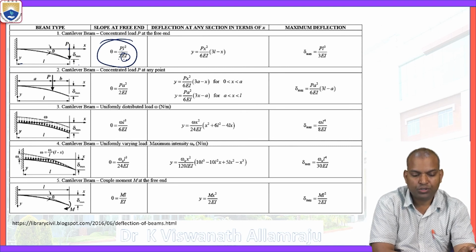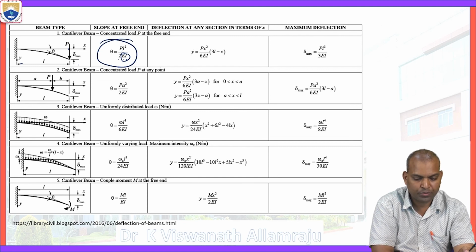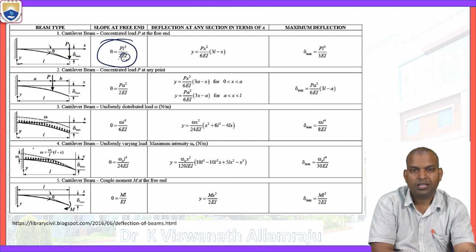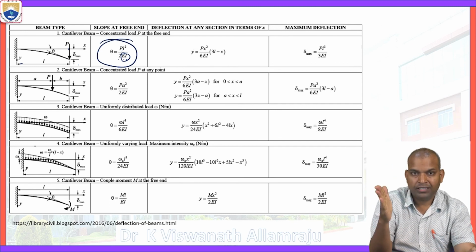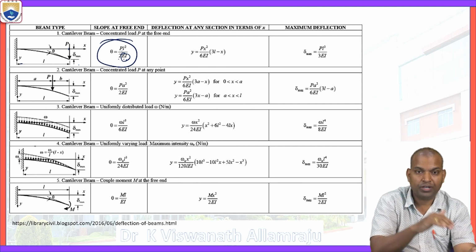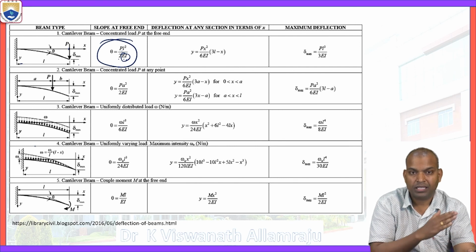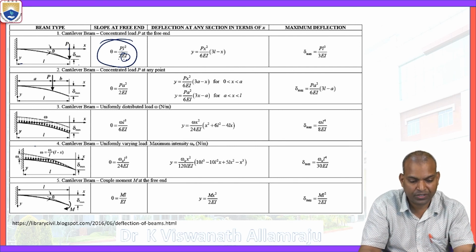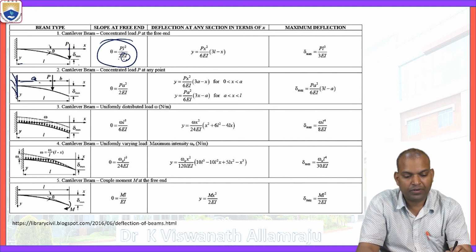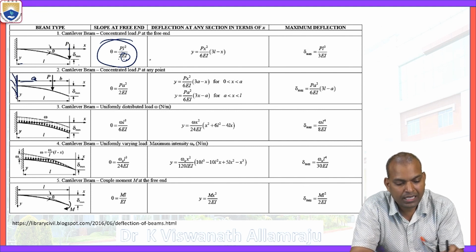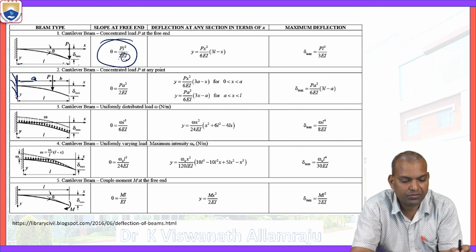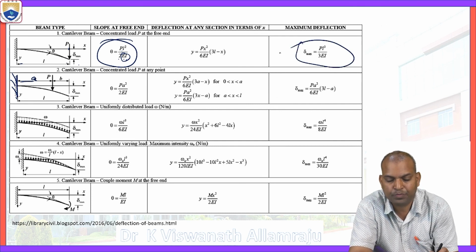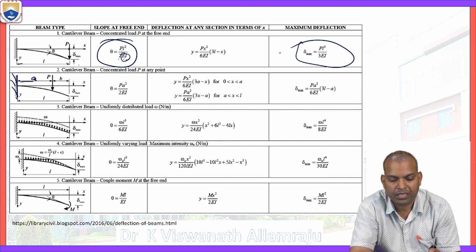This slide shows a cantilever beam subjected to uniformly distributed load, uniformly varying load, a point load at the free end, and a point load at a distance a from the fixed end. For the case of deflection y, the maximum deflection delta is PL cube by 3EI.